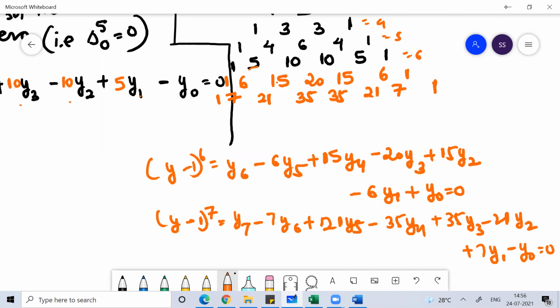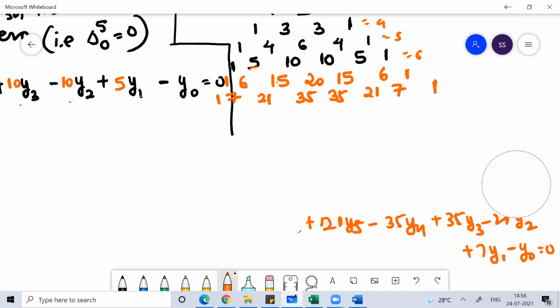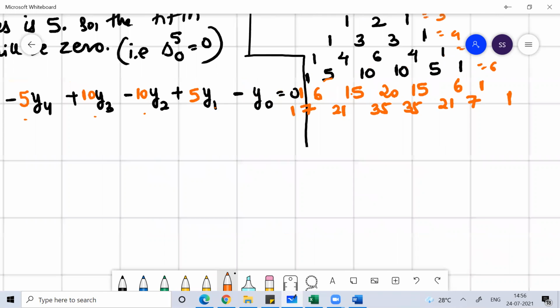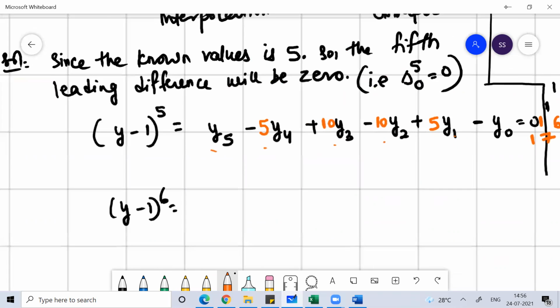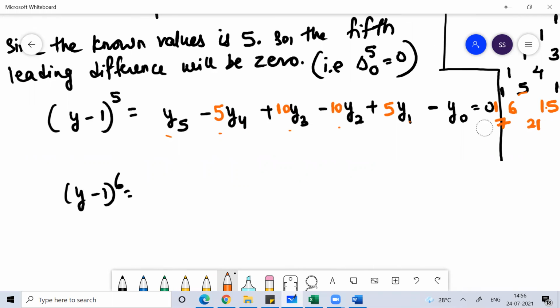I hope you people are getting it. It depends upon the known values. So now this equation, everyone understood.